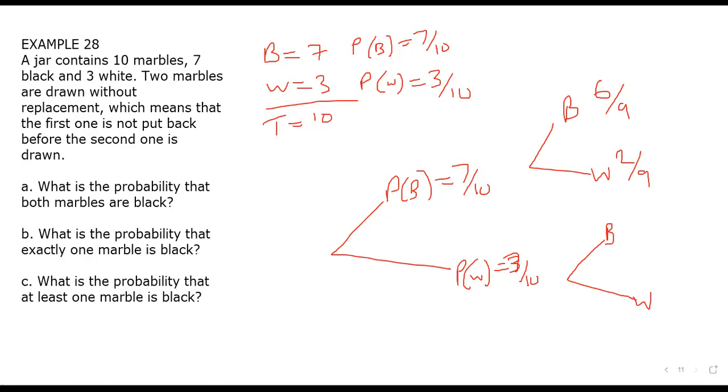So we started with white, then we go to black. So what will happen to the number of black marbles?